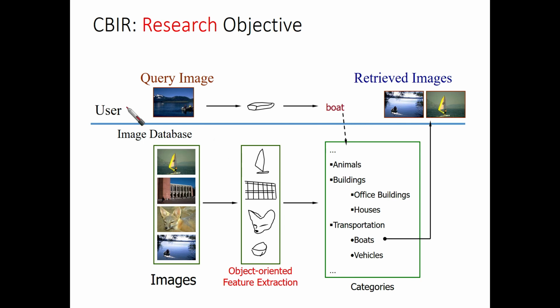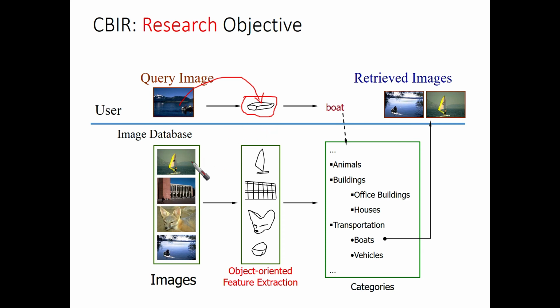So you have this query image again, and from this query image we have these kinds of features, but these features now resemble some sort of object. So from these features, we somehow generate this kind of object. It's a much lower dimension compared to these images, but now it has some sort of object shape, right?